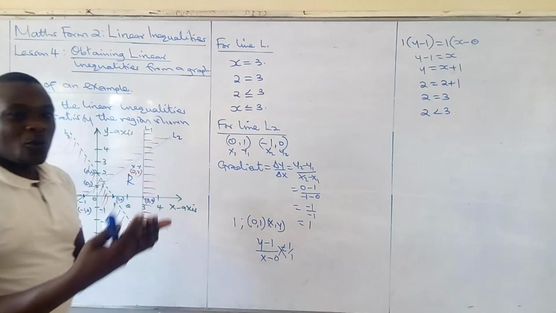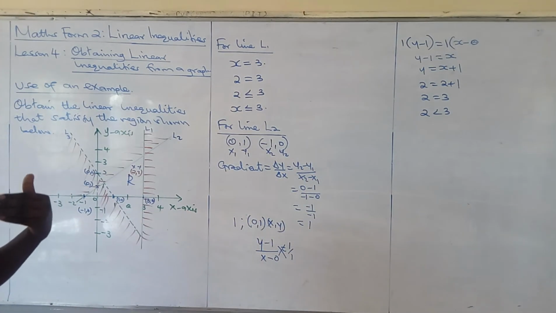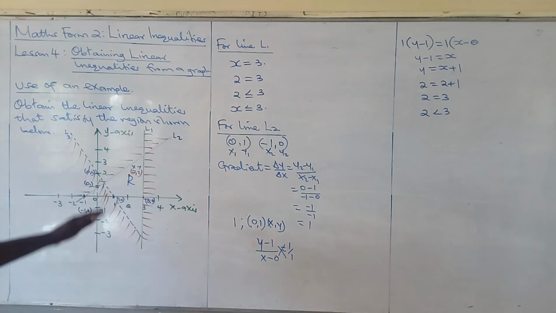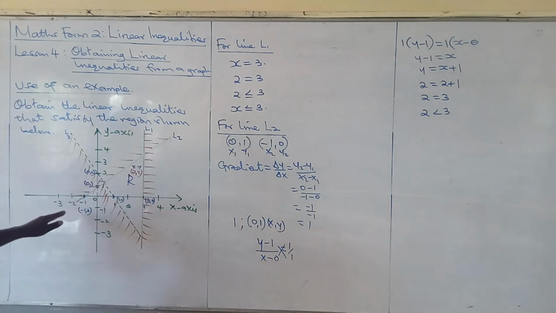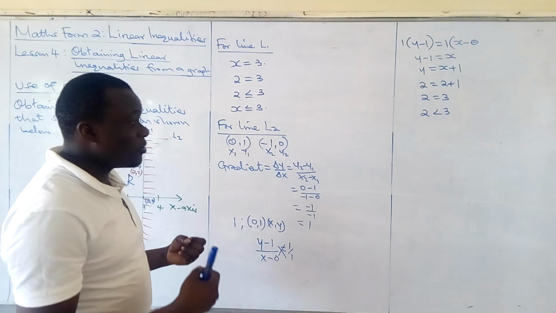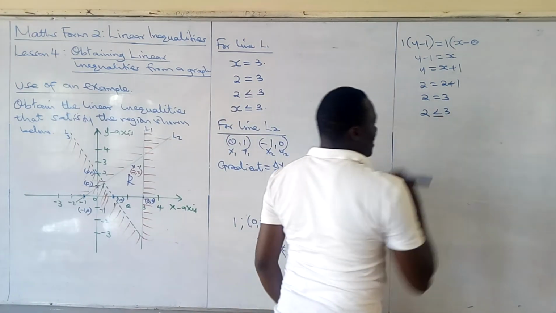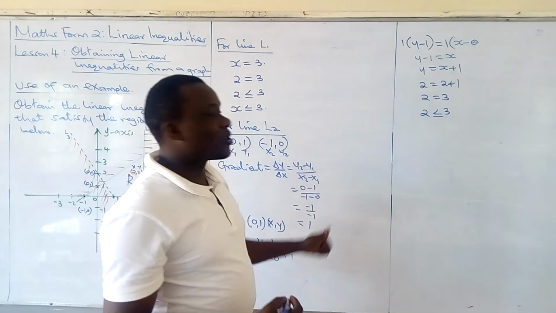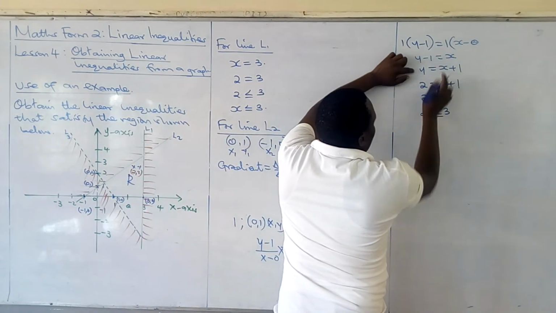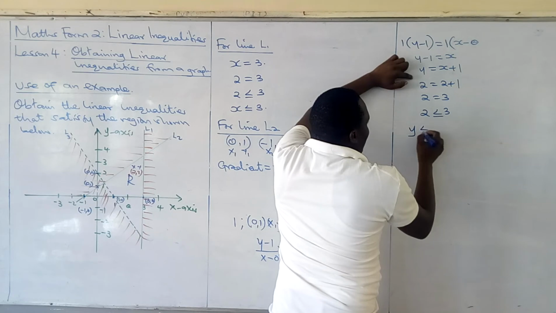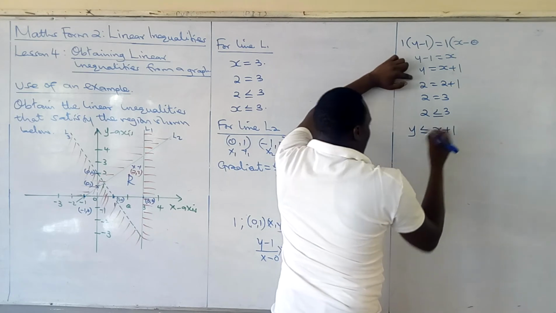So do we include equal to or not? It depends on the line. If the line is continuous, we will. If it is not continuous, we will just leave it at that given point. Now because it is continuous, we bring in equal to. So we place here y is less than or equal to x plus 1.